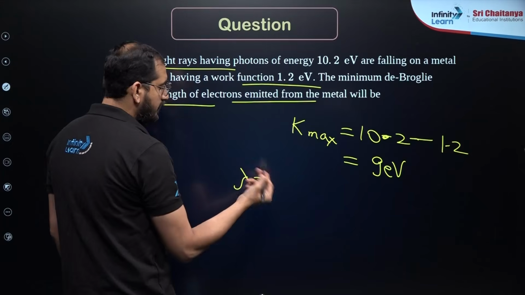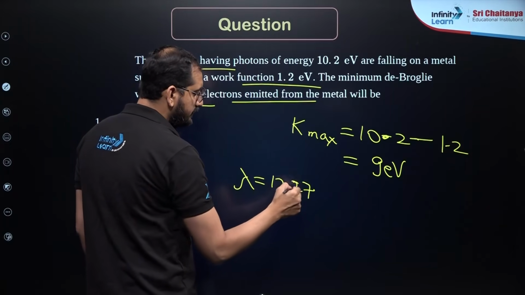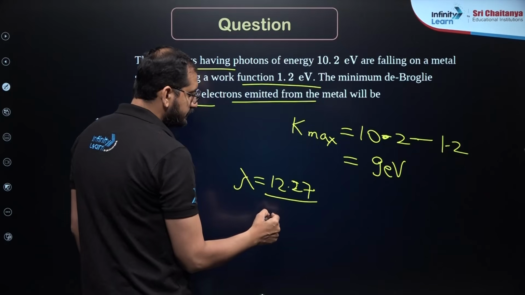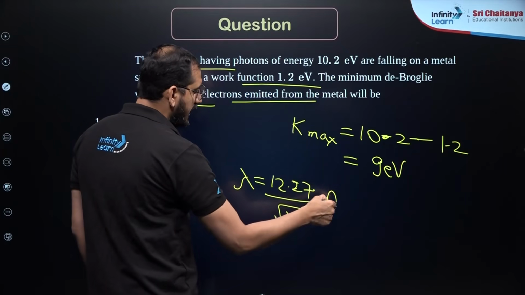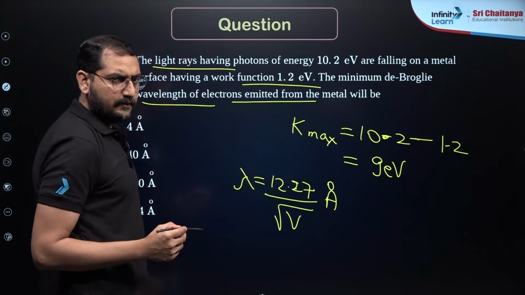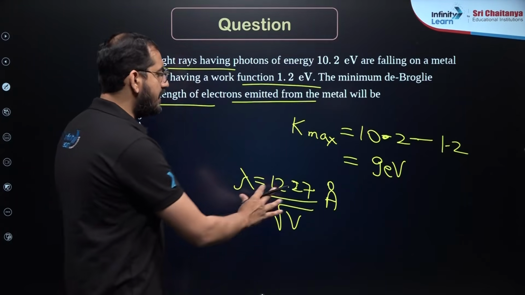So we have a formula for that. Lambda is equal to 12.27 divided by root over of voltage, and this wavelength will come in angstrom, right? It's a very handy formula. My suggestion, memorize this formula.